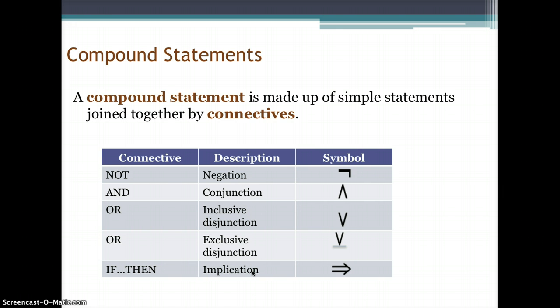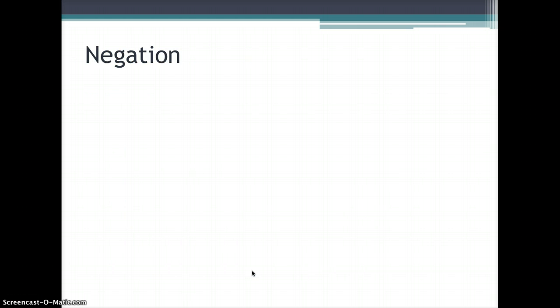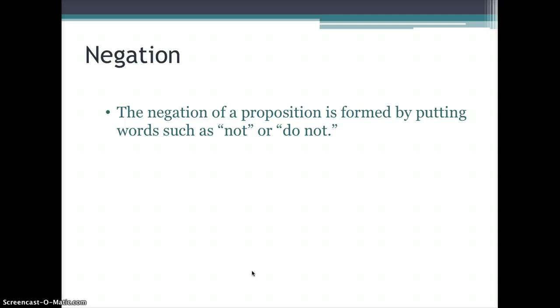Okay, moving on, let's talk about negation first. The negation of a proposition or a statement is formed by putting words such as not or do not. But later on, we will also discuss situations wherein you don't need to put not to negate a statement.